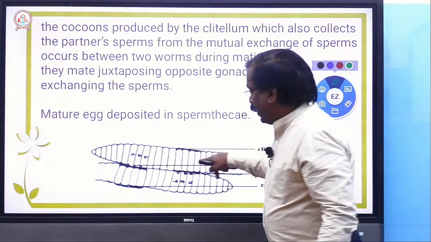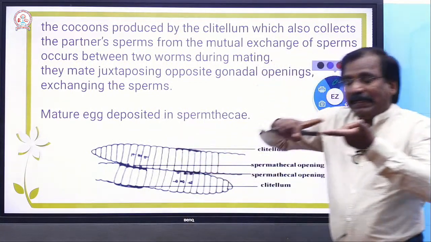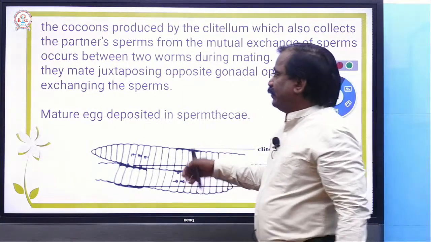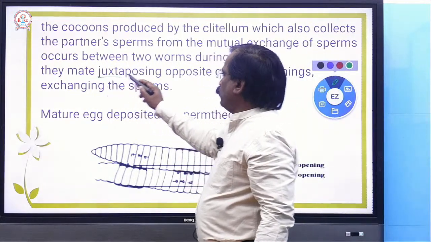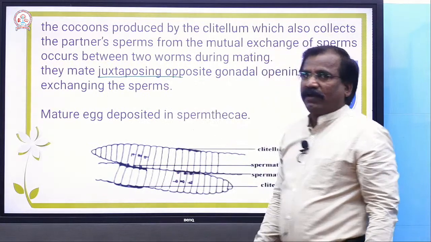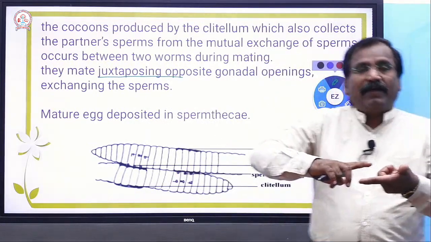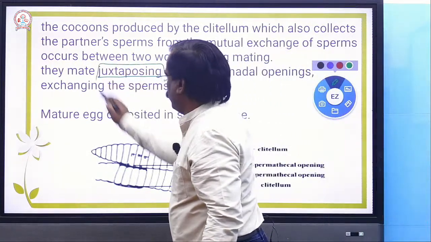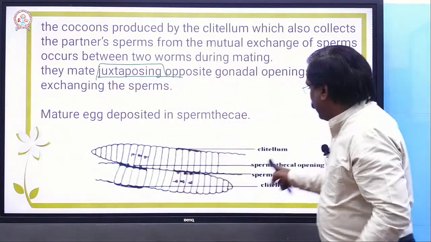The anterior and posterior ends are arranged opposite to each other. That position is called juxtaposition. This is important. Juxtaposition: the two worms are arranged like this.